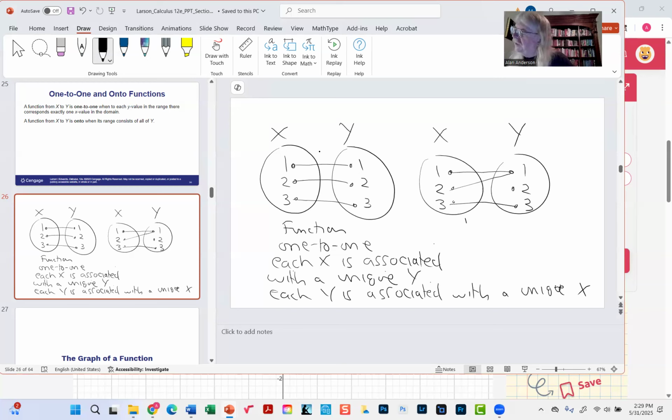Okay, that's not true over here. It's a function, but it's not one-to-one, because both x equals 1 and 2 are both associated with y equals 1, and that means it's not one-to-one.